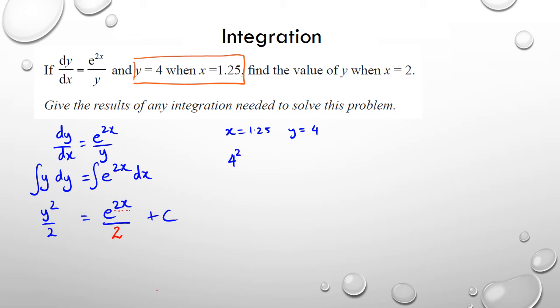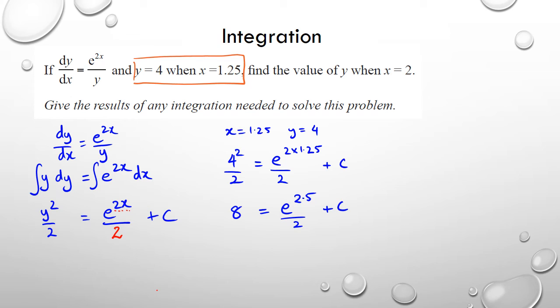So I can write this as 4 squared over 2 equals e to the power of 2 times 1.25 divided by 2 plus c. When I rearrange this, 16 over 2 is 8 equals e to the power of 2.5 over 2 plus c.